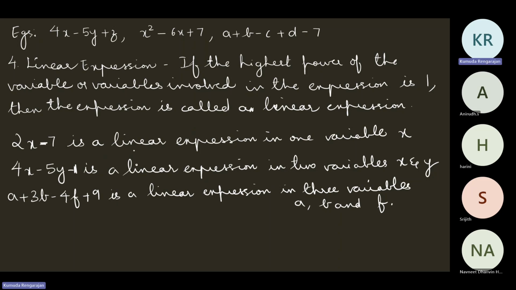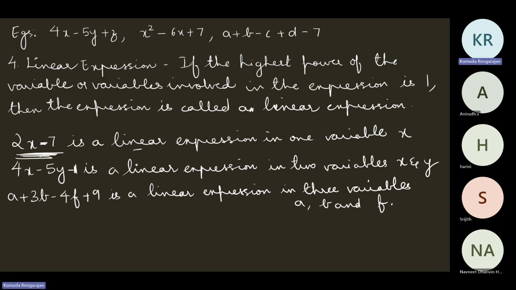So this term linear is used when the highest power of the variable or variables used in the expression is 1. Now look at this example. Look at only the variable. In this example, the variable is x. And what is the power of x? 1.